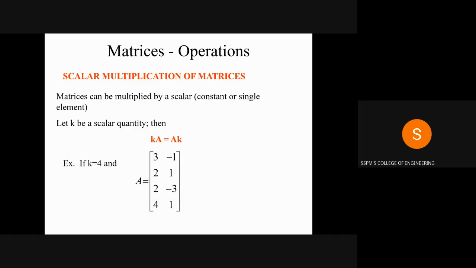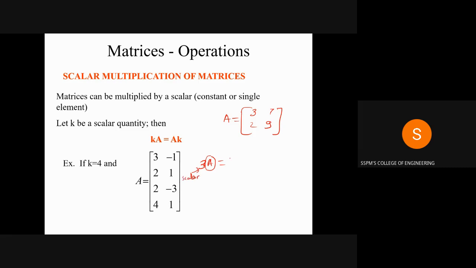Now, scalar multiplication. What is scalar multiplication? Suppose A is equal to 3 7 2 9, and you want to find 3A. This is scalar multiplication of matrices. A is your matrix, and you are multiplying it by a scalar, 3. What is a scalar? 3.